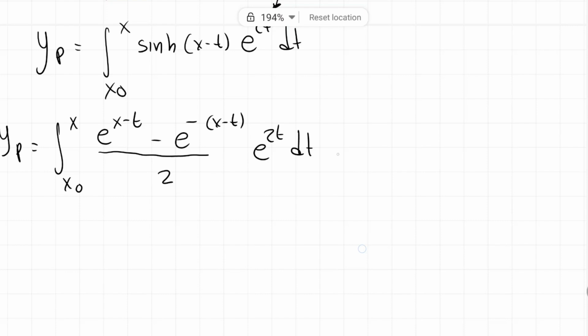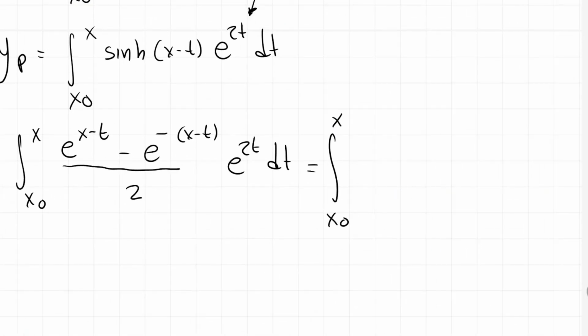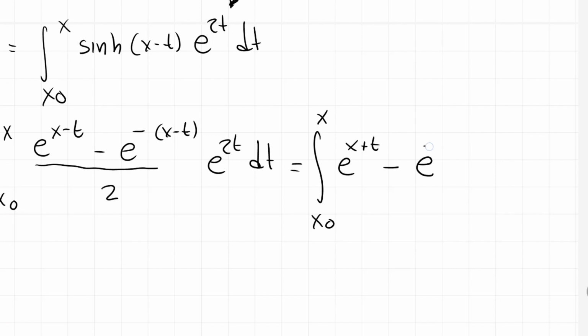Okay, so if we work on this expression, we are going to get the integral from x0 to x of e to the x minus t plus 2t, which is plus t, minus e to the negative x plus 3t, all over 2, times dt.